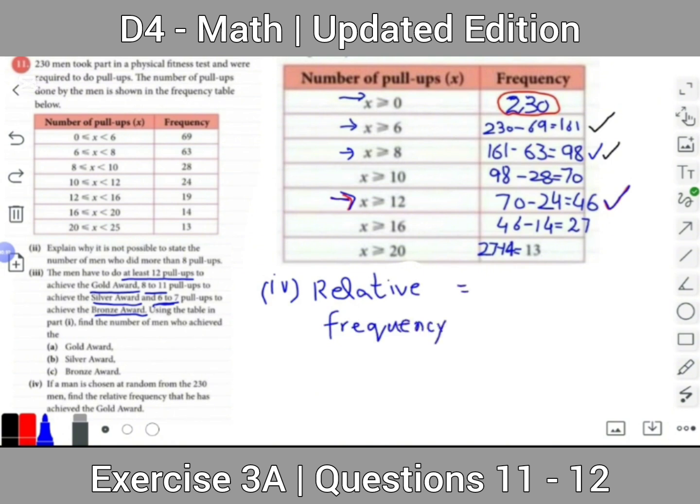The number of occurrences in our case is the number of men who achieved the gold award, which we found in part 3a, and that was 46, divided by total number of trials. In our case, the total number of trials is the total number of men, and that is 230.